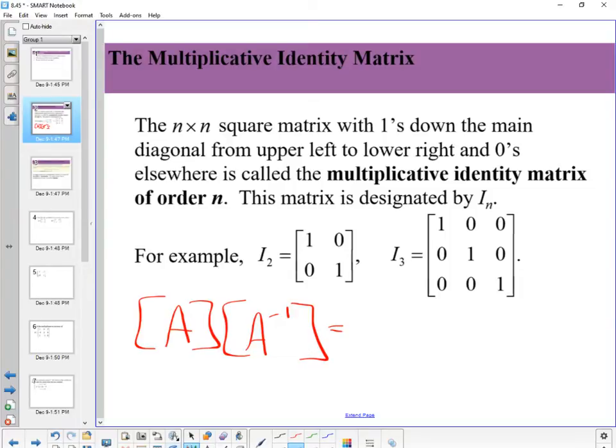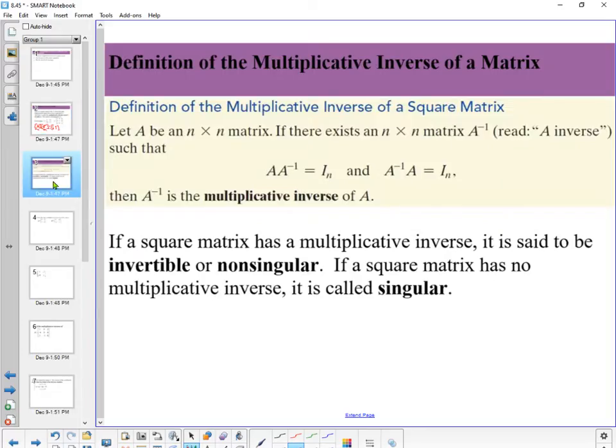So if this was a 2x2, and this is a 2x2, and they were in fact inverses, then I should get back 1, 0, 0, 1. Does that make sense? Give me a thumbs up if that makes sense to you, thumbs down if you don't, sideways if it's a little bit. And that's what this slide is saying here. Take any two supposed inverses, and you're going to get back that identity, that multiplicative identity.